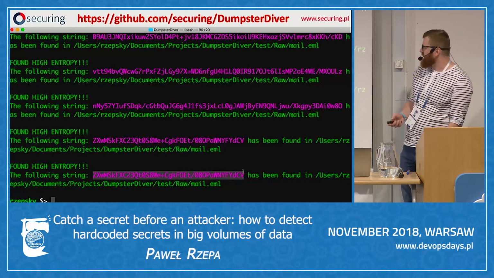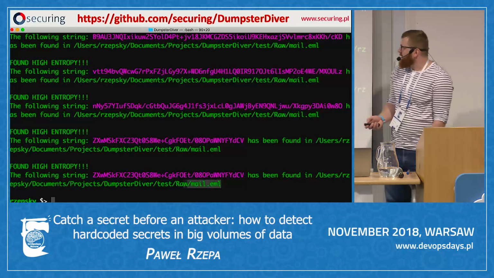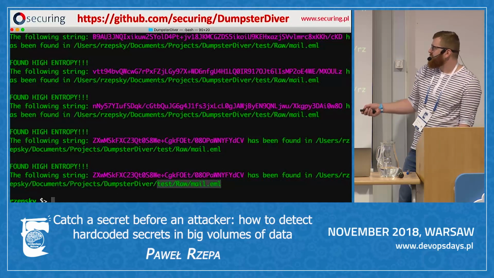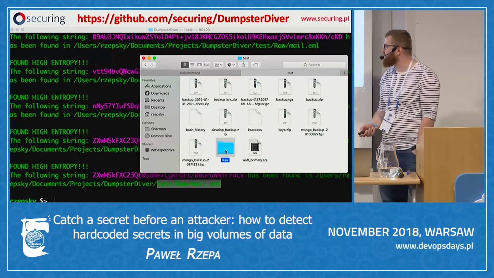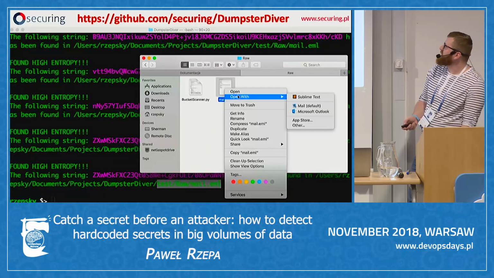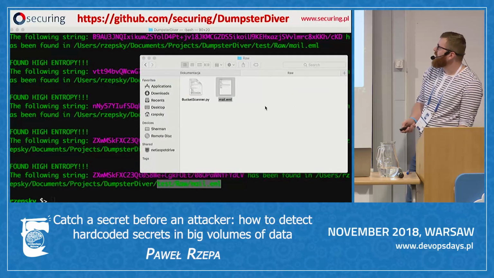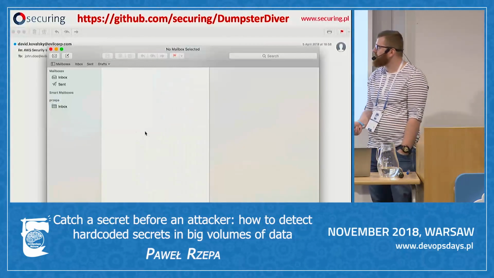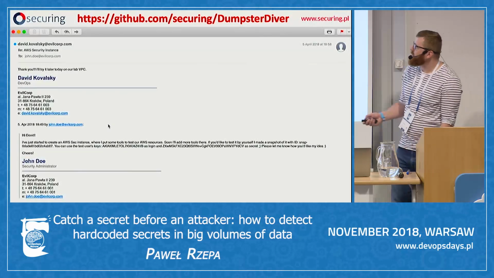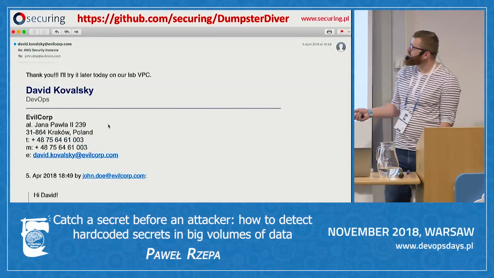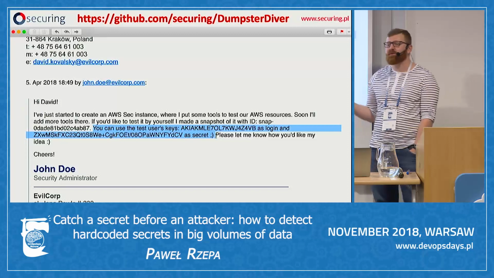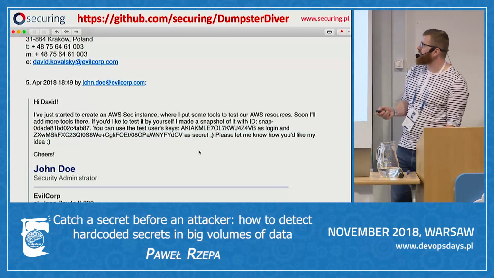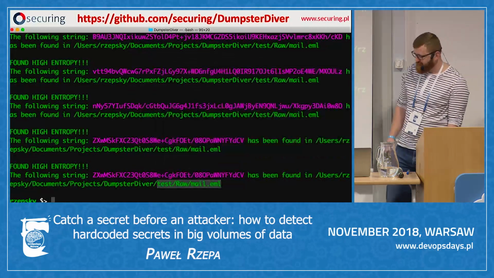So let's take the first one, and it is in a mail EML file. To show you, let's open it. And in the mail, you can see that, yeah, there are secrets. This is what wasn't found by Macie.